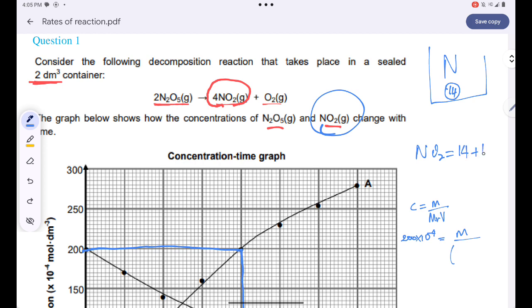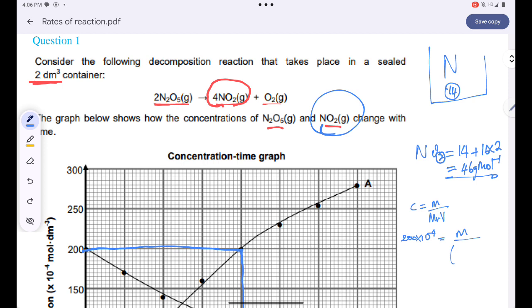And then oxygen is 16, but since I have 2 oxygens, I'll say 2 times 16. So the molar mass of nitrogen dioxide is 14 plus 16 times 2. This will give me 46 grams per mole. This is the molar mass.